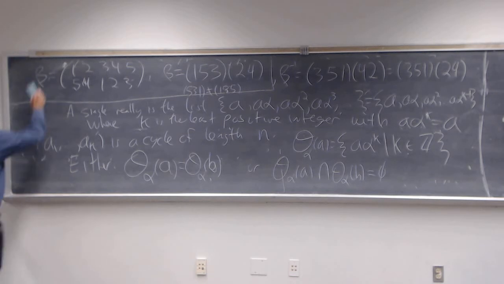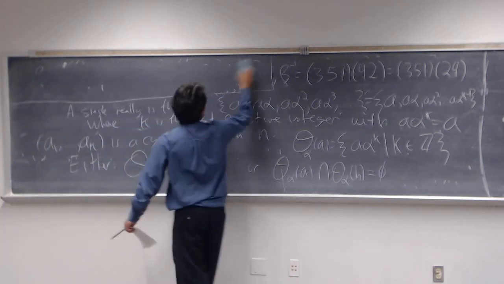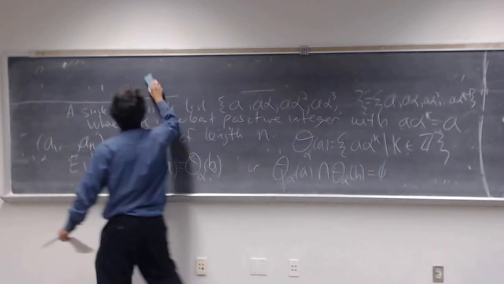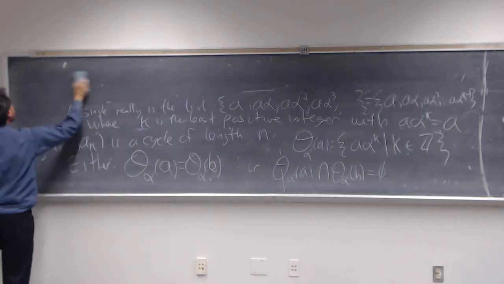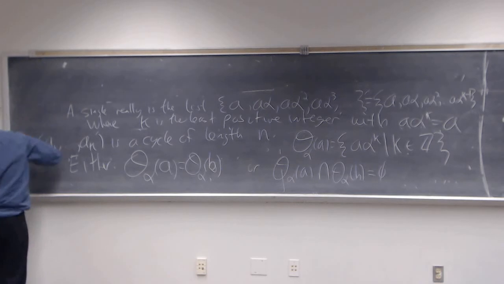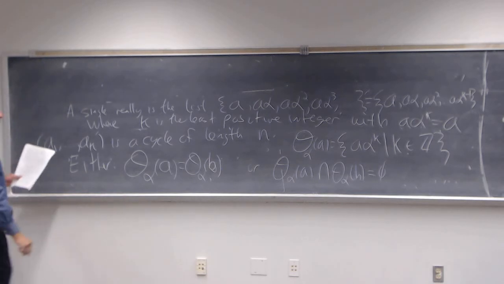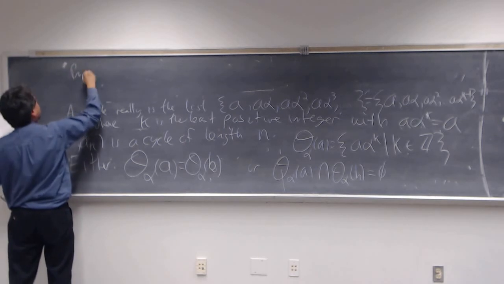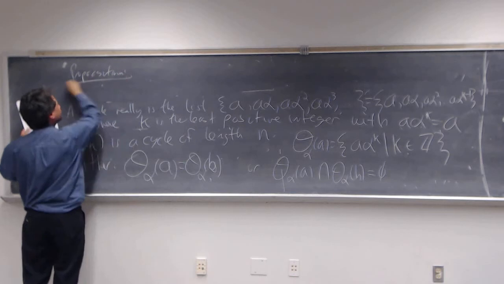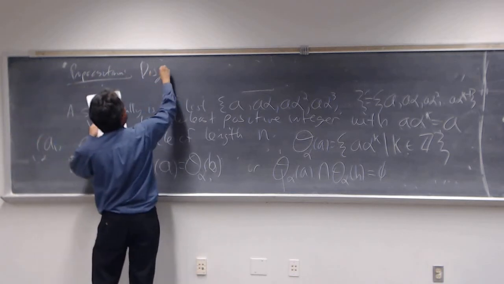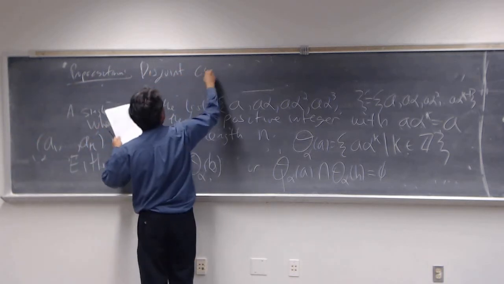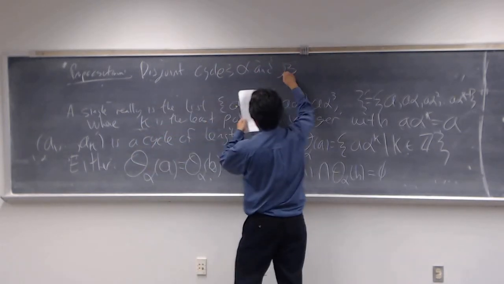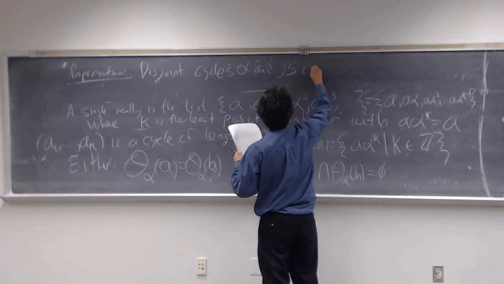Okay, so let's show that disjoint cycles commute. So, a proposition: disjoint cycles alpha and beta commute.